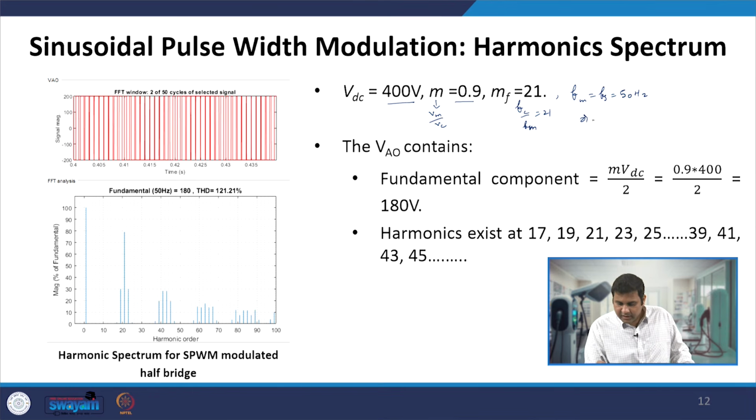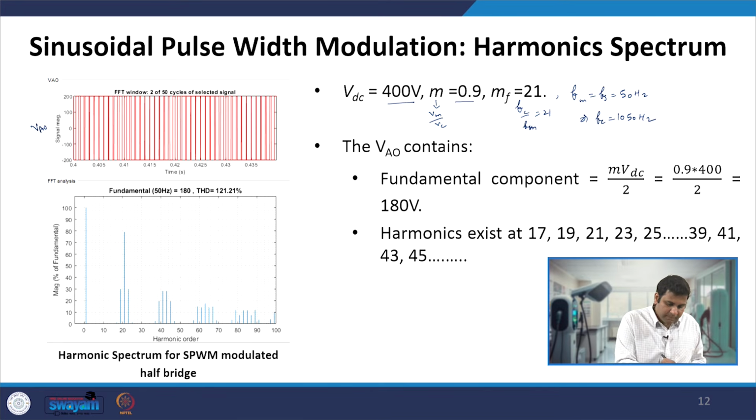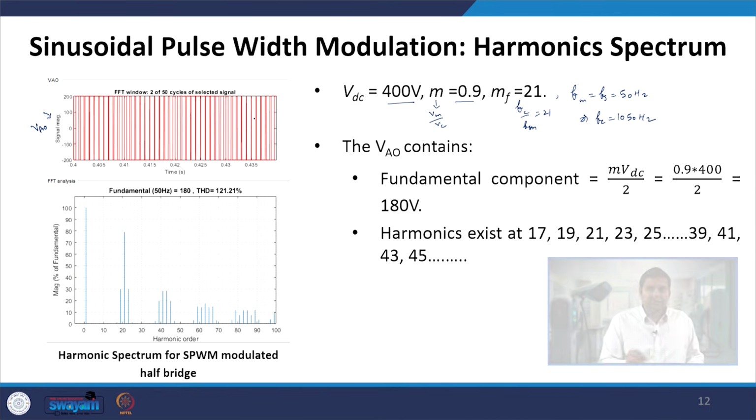When we take that, our Fc is 1050 hertz. Taking these values, we have done the simulation in MATLAB and the output is shown here. This is what the VAO voltage actually looks like. If we see the VAO voltage, it has pulse width modulated pulses, which actually vary sinusoidally.